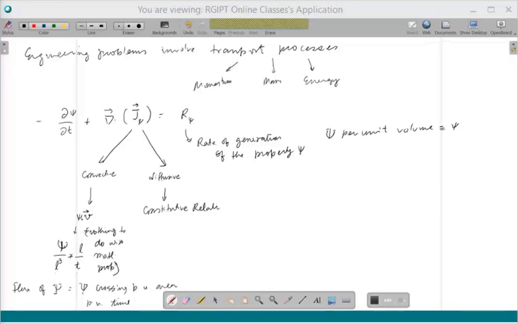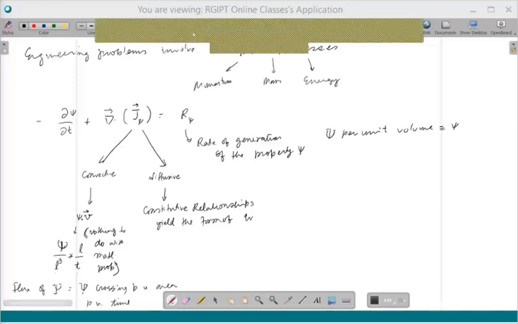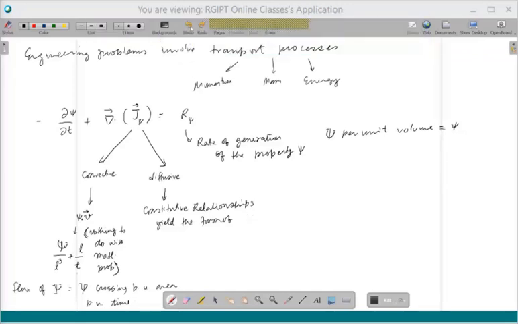However, the constitutive relationships give us the form of diffusive flux. So diffusive flux will depend on what material you are, where the flow medium will be playing a role in finding out the diffusive flux.